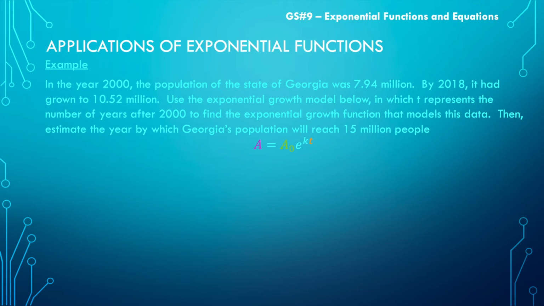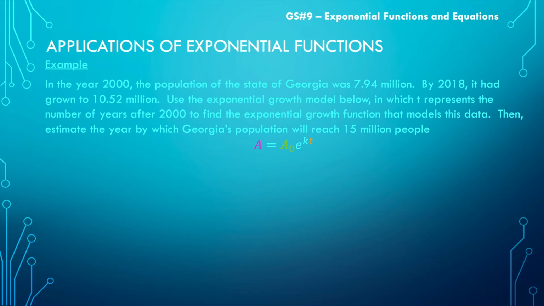And by 2018, it had grown to 10.52 million. Use the exponential growth model below, in which t represents the number of years after 2000, to find the exponential growth function that models this data. Then, estimate the year by which Georgia's population will reach 15 million people.